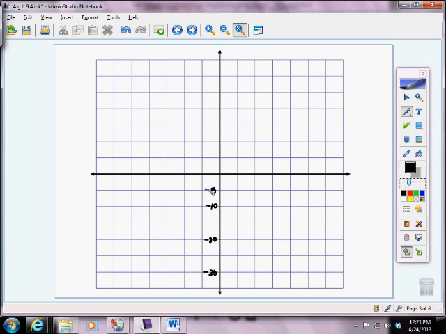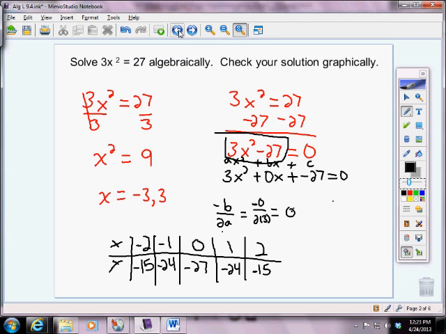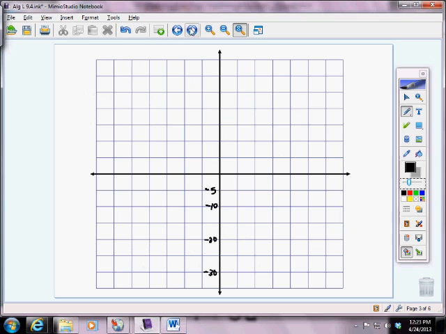So plotting the points, we had the point -2, -15. This is -1, this is -2, this is 1, and this is 2.